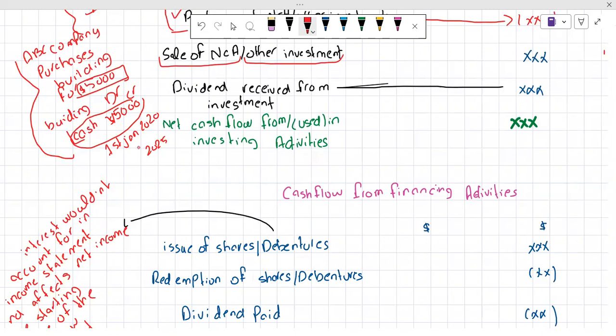So maybe its net book value after 5 years is equal to $2,000. And maybe we could sell this building for $1,000.